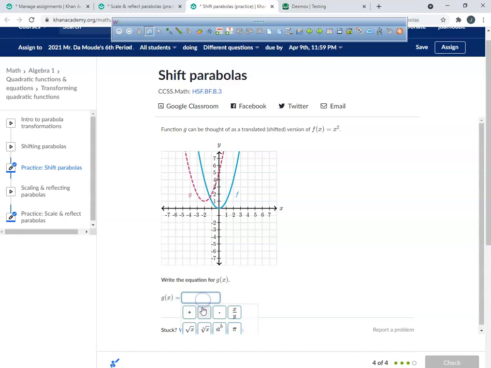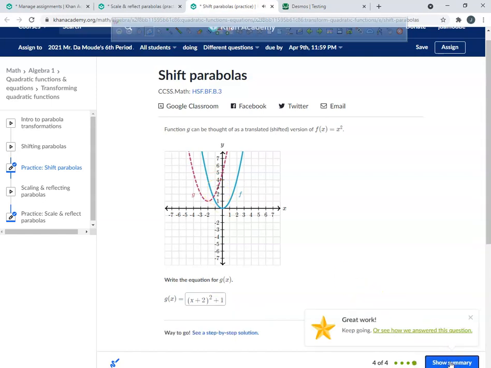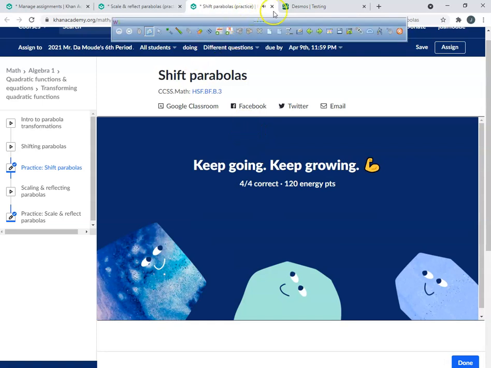So here we go. Parentheses, x plus 2. You always put it on the inside of the parentheses. Raised to the power of 2. And then we had plus 1. That's all you guys have to do on that. So that's shifting. We're done with that.